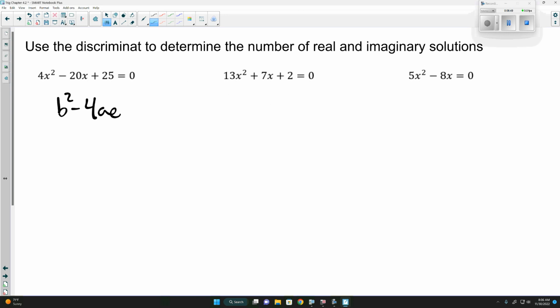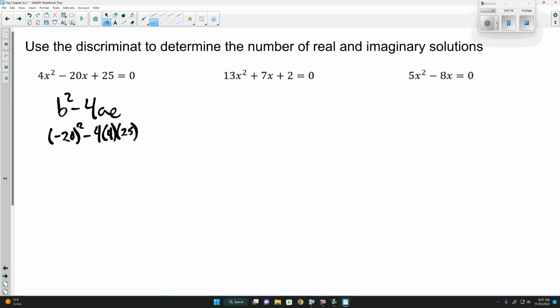In this case, b is negative 20, a is 4, and c is 25. When I look at this, if I was going to take a guess, there is a good chance that we could end up having imaginary solutions.